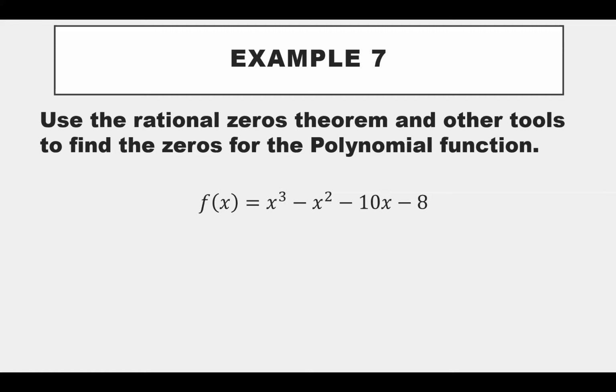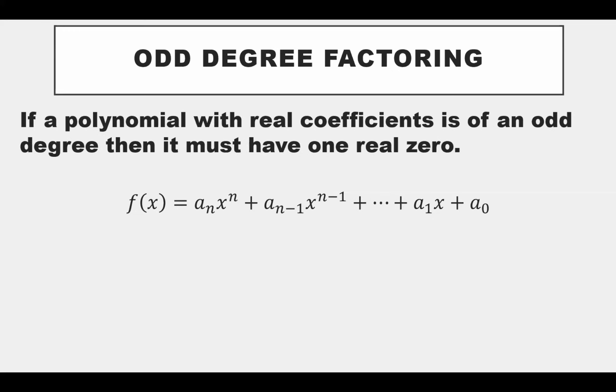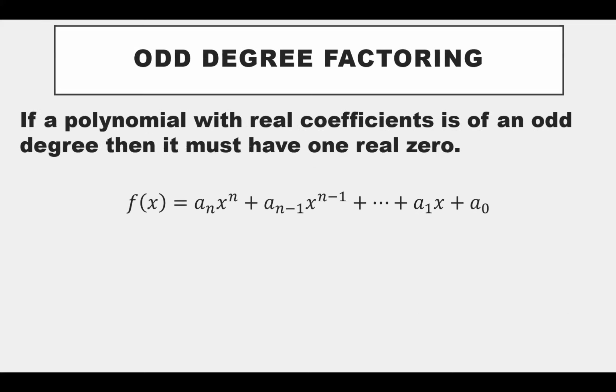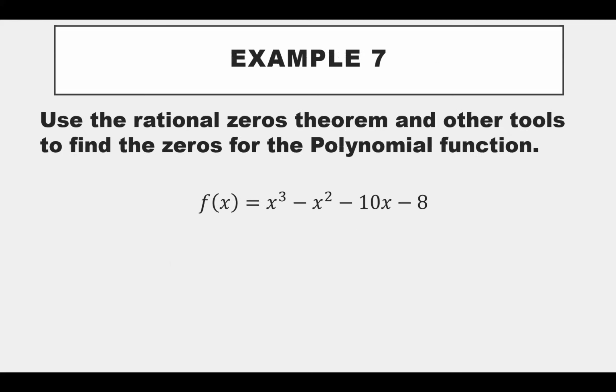We also know that based on some of the other things we looked at earlier, specifically this thing. If it's an odd degree, then we have to have at least one real zero, along with maybe some complex zeros. I think I like thinking of it as the end behavior better.